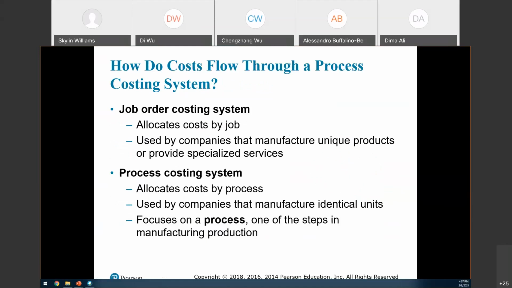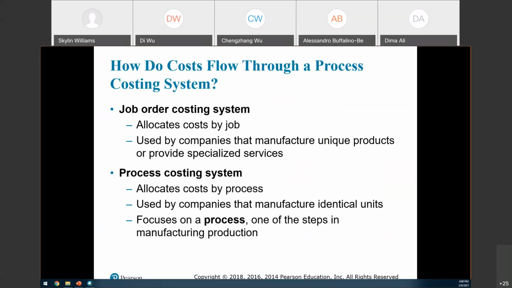First of all, let's get to know the differences and commonalities between job order costing and process costing. Both job order costing and process costing systems track the product cost of direct material, direct labor, and manufacturing overhead through three inventory accounts on the balance sheet.